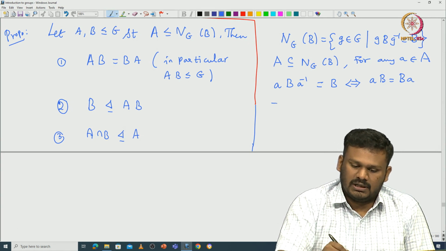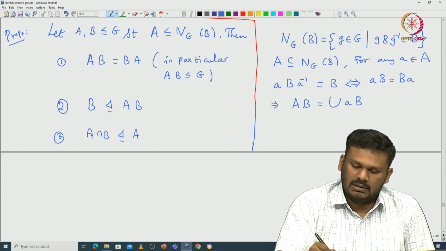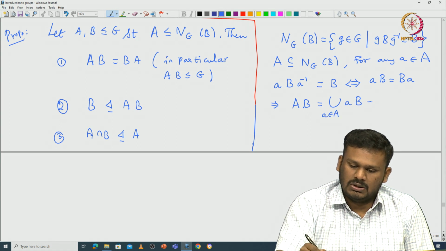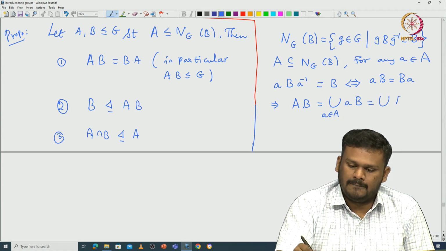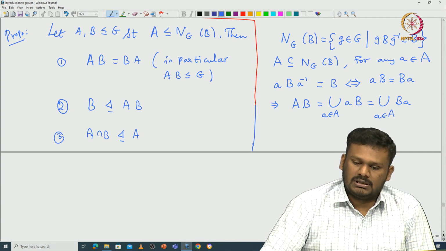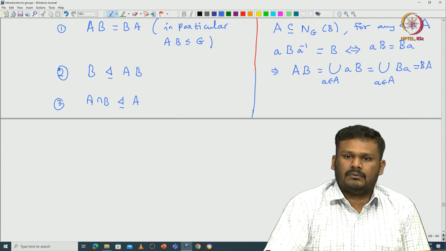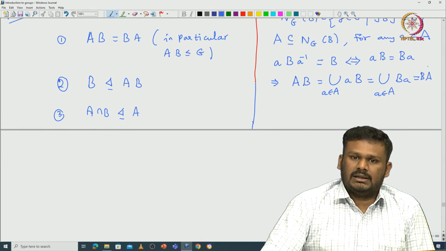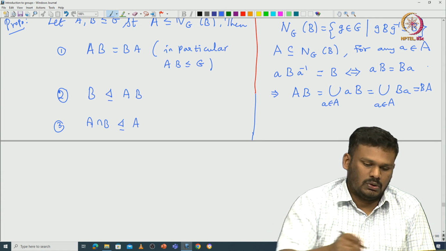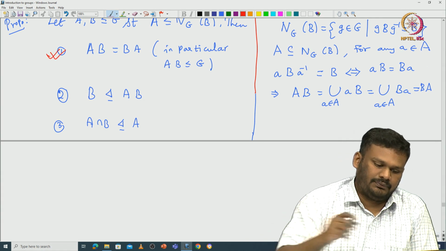So if I take AB, which is the union of aB, a in capital A, this will be exactly equal to the union of Ba, a in capital A. If you think about it, this is exactly BA. So that proves that AB must be a subgroup. So the first statement is verified.